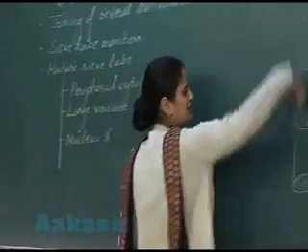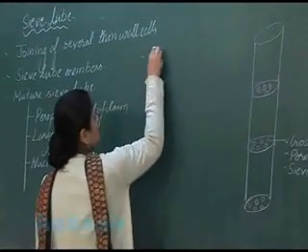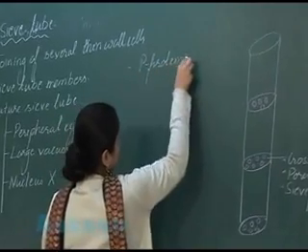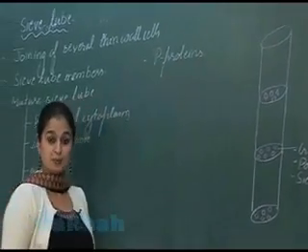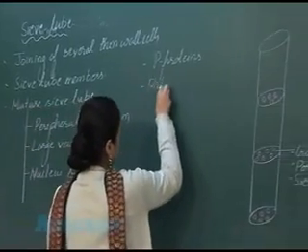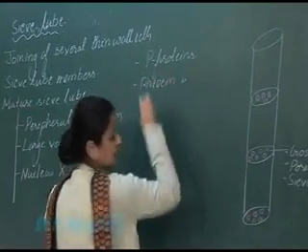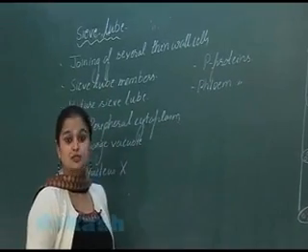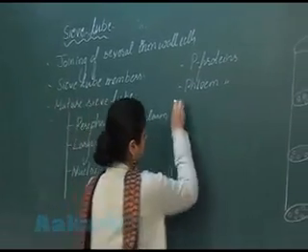Now, in the sieve tube, there is presence of P proteins. P proteins are phloem proteins. These proteins are involved in two functions.